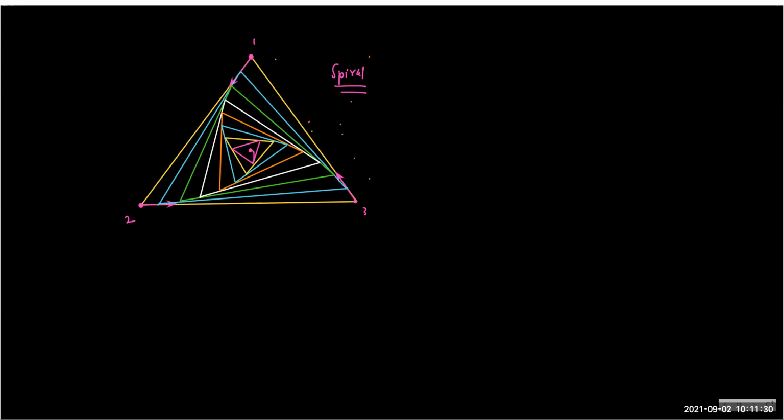Now, if I say the side of the triangle is A, they started with what separation? A. And when they collide, what is their separation? Zero. So the question is, after what time does the separation become zero? We know the definition that V approach is minus dl by dt.